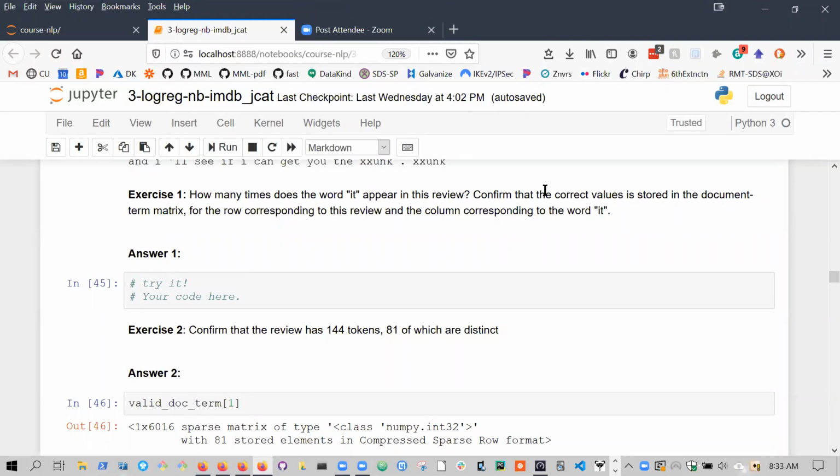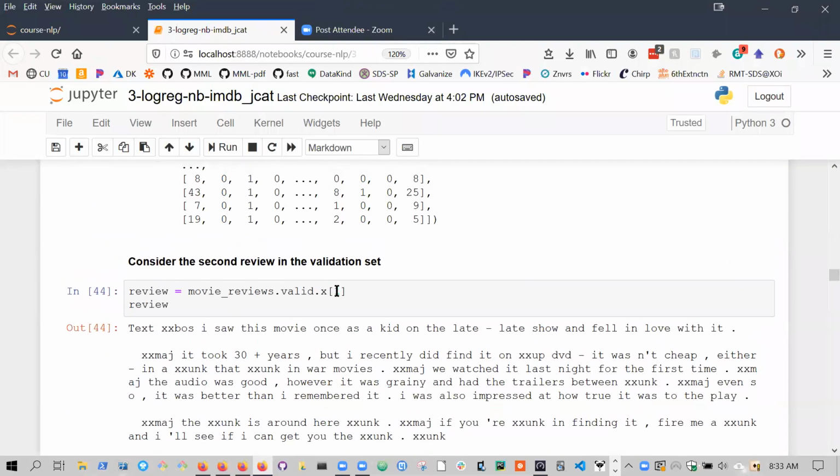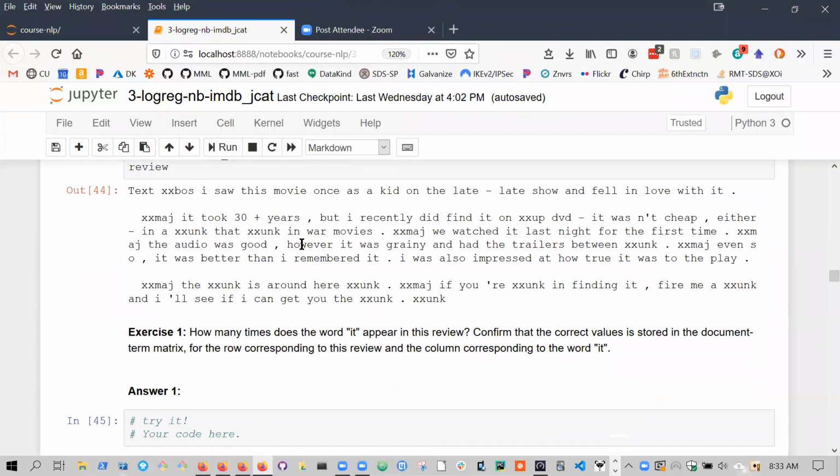First you'd have to figure out, okay, given a review, and she gives you this one review here, the review indexed by 1, and here it is. How many times does the word "it" appear in the review?